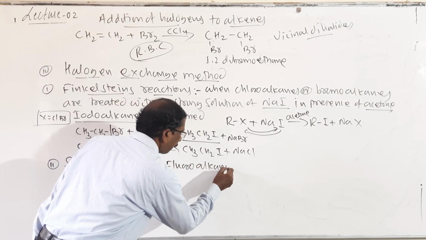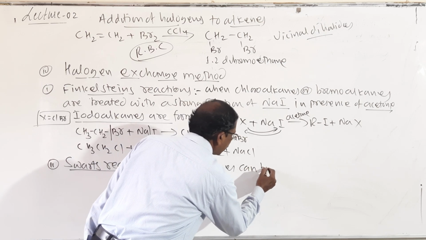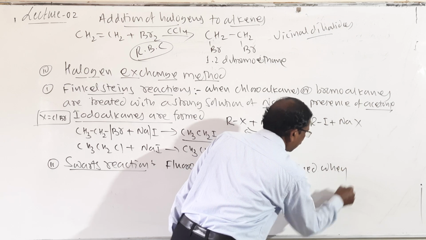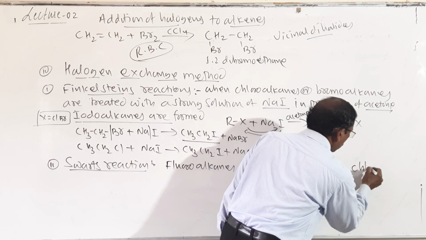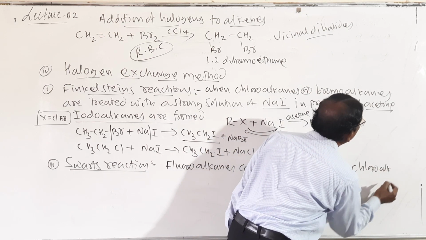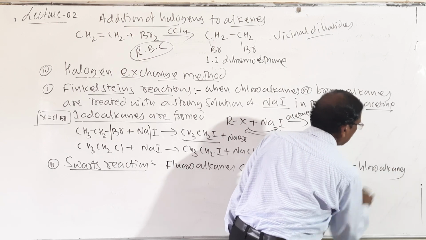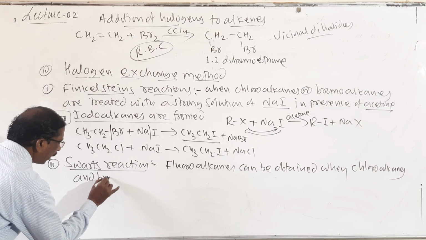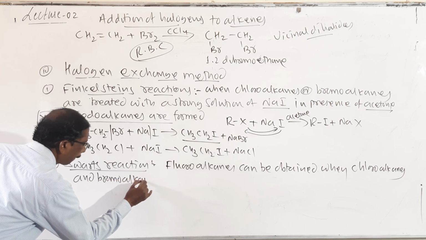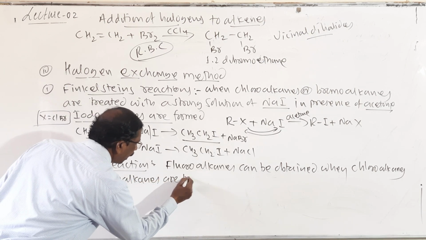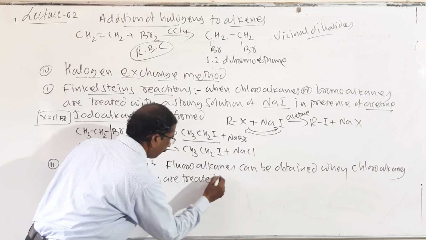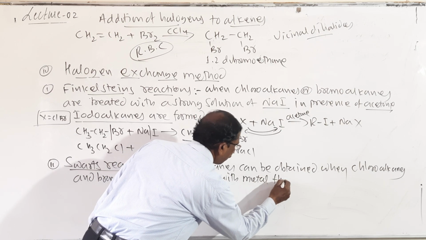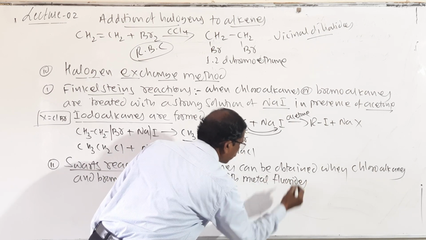Fluoroalkanes can be obtained when chloroalkanes and bromoalkanes are treated with metal fluorides.